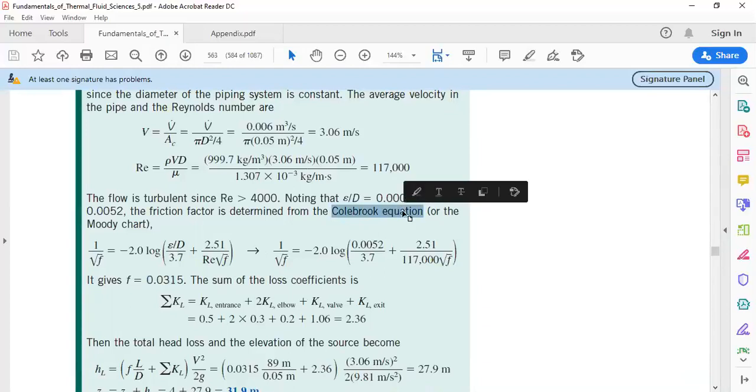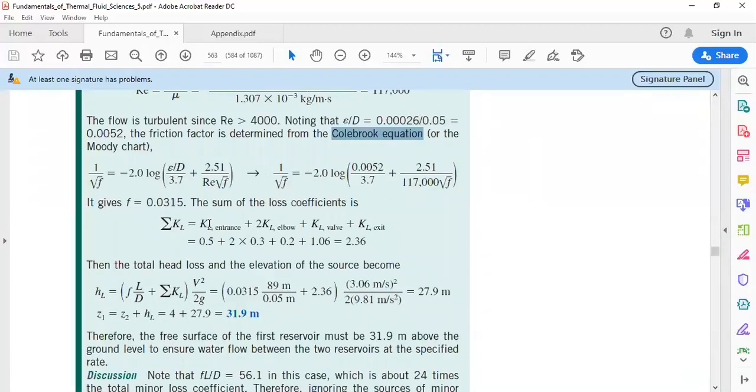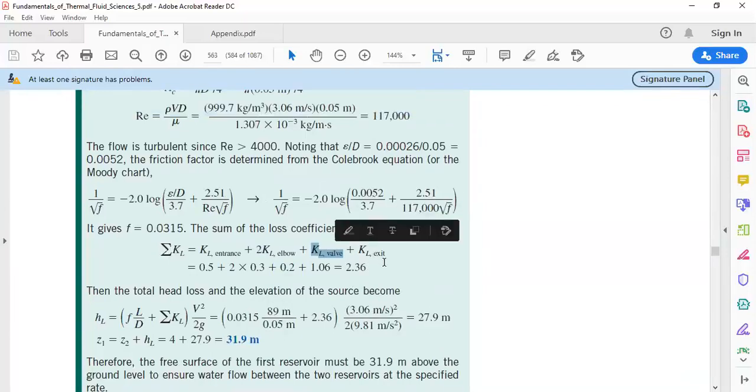The summation of KL is the KL for the entrance, plus 2 times the KL for a single elbow since they are identical, plus the KL for the fully open gate valve, plus the KL for the exit.